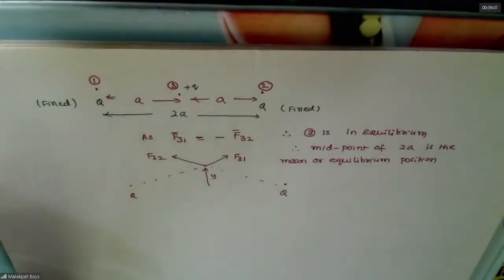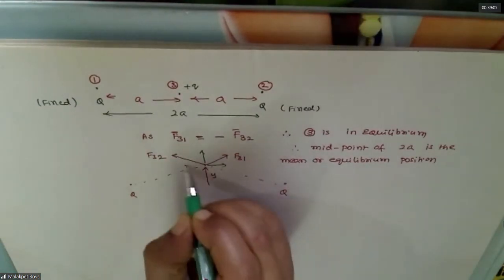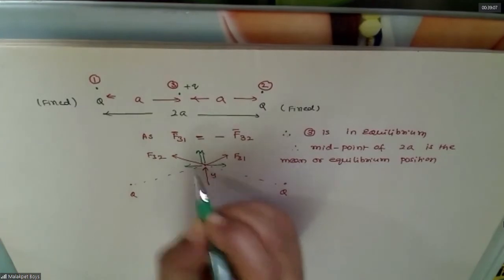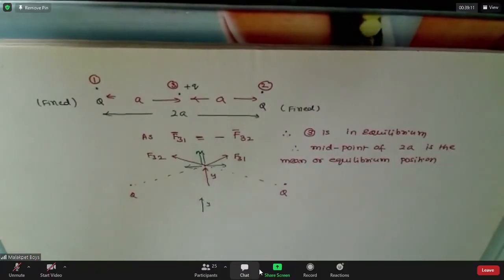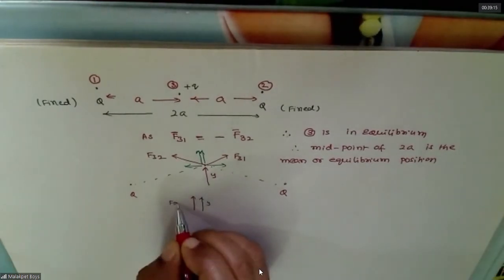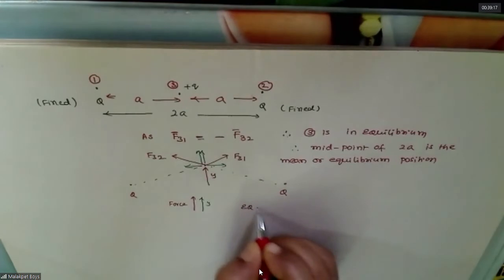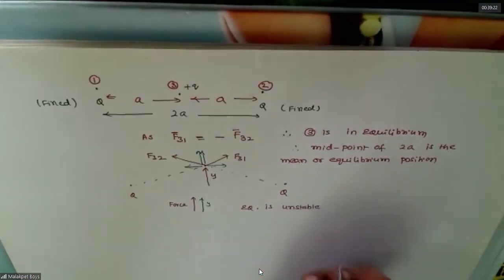Now this leads to unstable equilibrium. So these two will get cancelled. This is the displacement and this is the force. So the equilibrium is unstable, which means it won't come back to the equilibrium position.